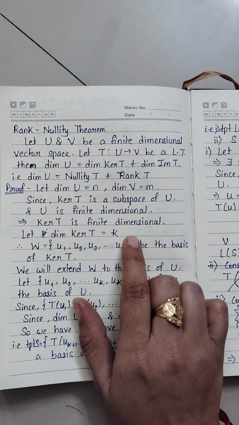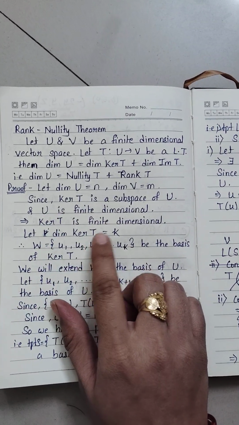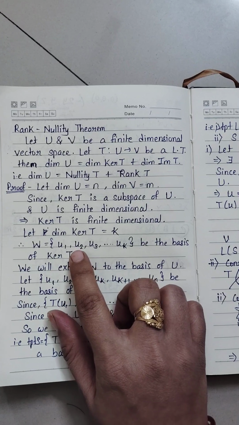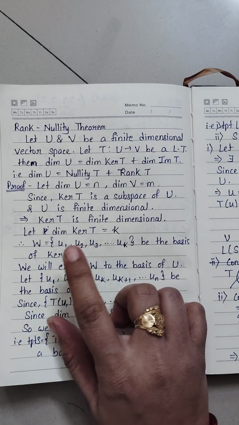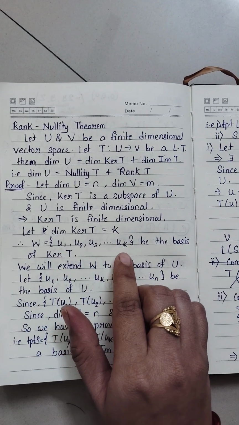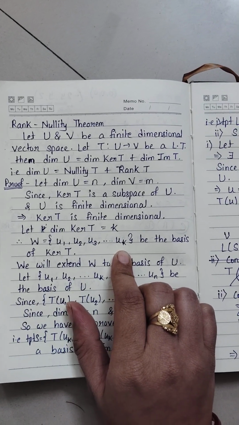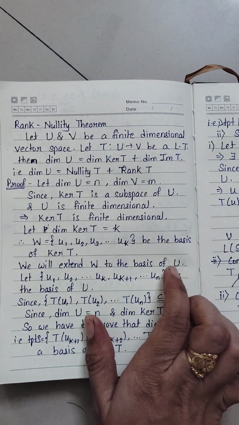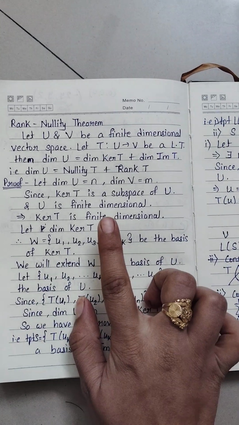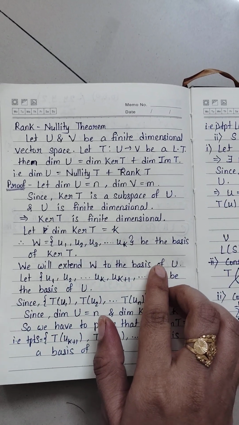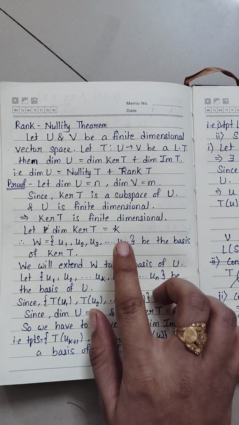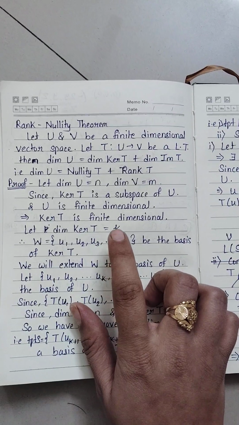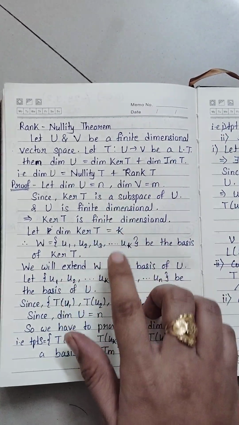Once we know the dimension of our kernel is k, we will assume the basis for this kernel of T is u1, u2 up to uk. Now we will extend this basis to a basis of U, because we know the dimension of U is n and the dimension of the kernel of T we are assuming is k, and k must be less than or equal to n.